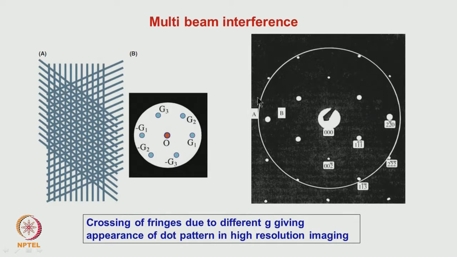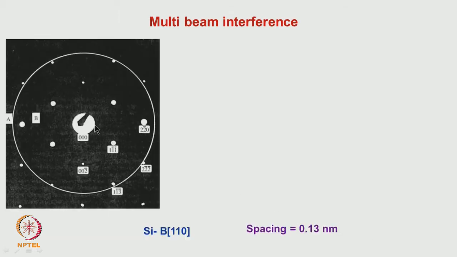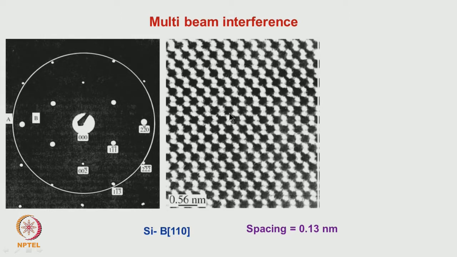In this particular case, we are showing a case in silicon, and this is the sort of aperture which is used to form the image. We look at the picture to see how it looks. This is that aperture, and here this is the high resolution picture, which has crisscrossing of lattice fringes in various directions. This gives a contrast which looks like an atomic contrast.